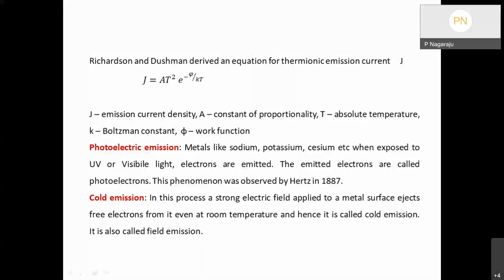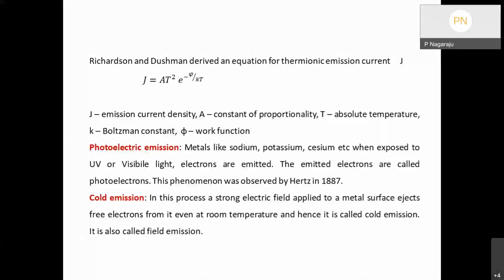Whenever the metals like sodium, potassium, rubidium, when they are exposed to ultraviolet radiation or visible light, the electrons are ejected from the metal surface. In the case of alkaline metals like potassium, sodium, the electrons are emitted even under the influence of visible light. Whereas in the case of zinc, etc., only the ultraviolet radiation is required, and when ultraviolet radiation is made to fall on zinc, cadmium, etc., the electrons are emitted.